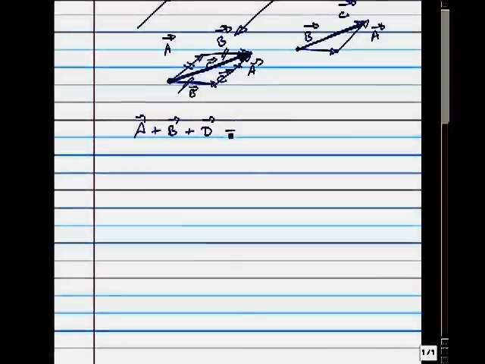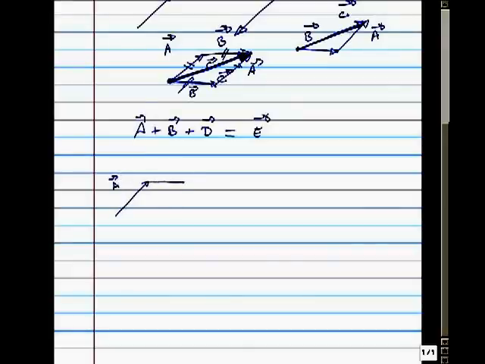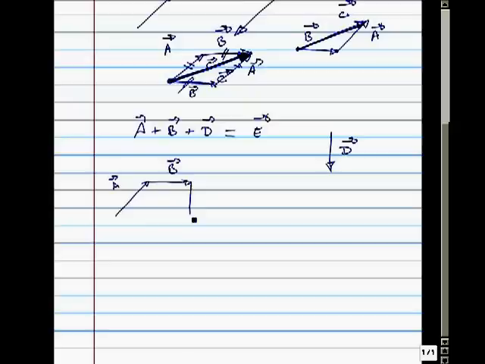So if you want to add A plus B plus D, let's call this vector sum E. So you're going to start with A, you're going to add B to it, and let's say if D happens to be a vector pointing down, vector D will be drawn from the end of B, the same way as B was drawn from the end of A, and vector E will be the vector starting from the point where A started and would end where D ended. This would be my vector E.